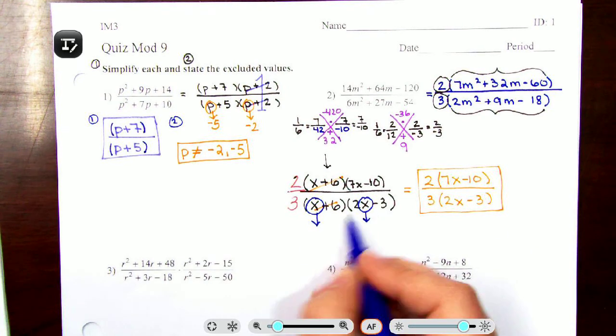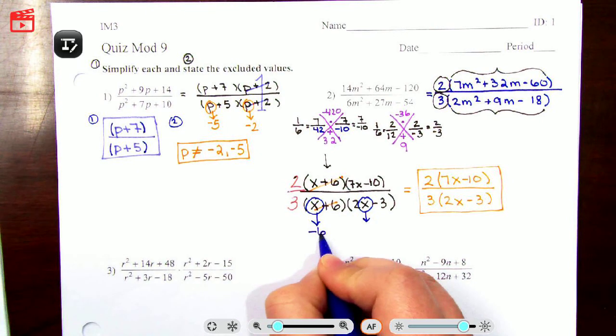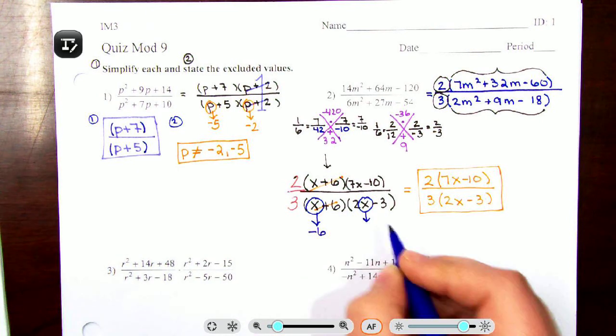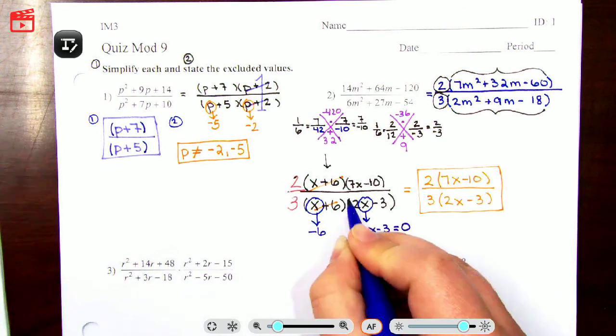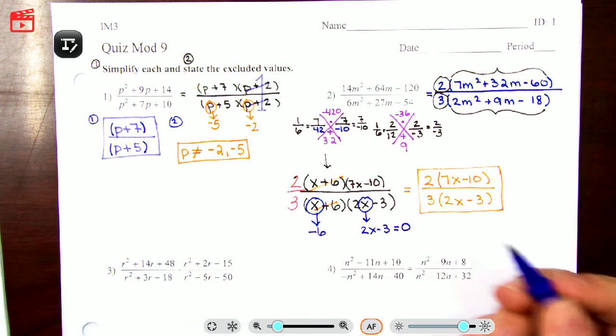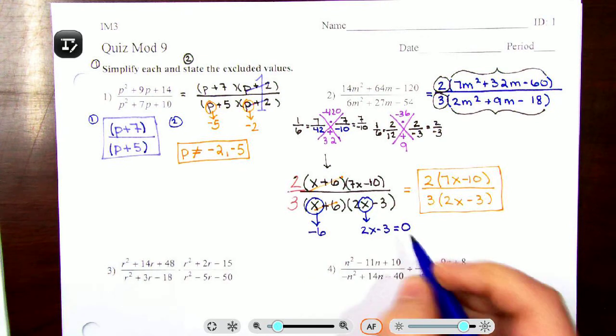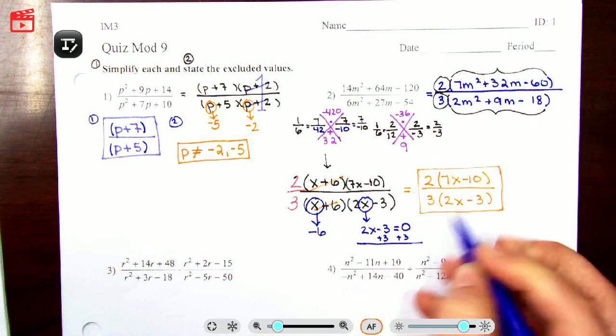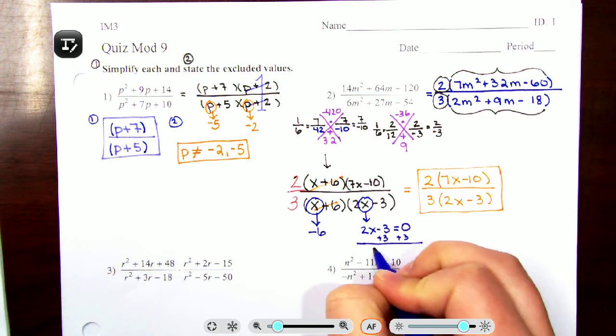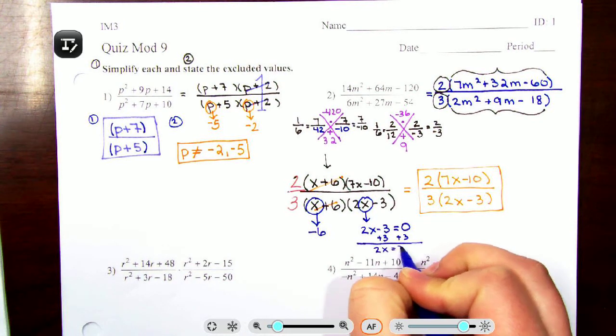Okay, here's my 2. So this one is a -6. Now this one's a little bit more tricky. So what I'm going to do is set this equal to 0 to find out what this variable has to be in order for this bubble to be 0. So I'm going back to algebra 1, IM1. This is 3 divided by 2.